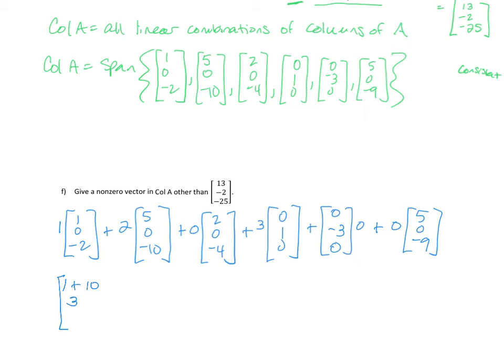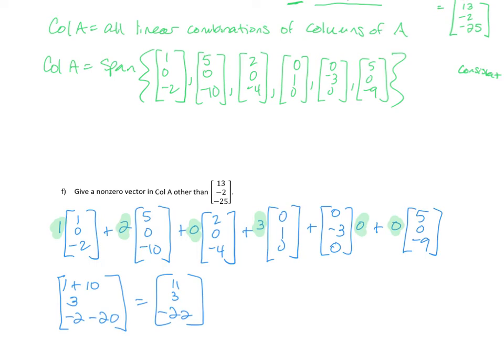The third entries: -2 minus 20. So that comes out to 11, 3, -22. These weights were completely random. You could put any ones you want here, and that will give you a vector in Col A.